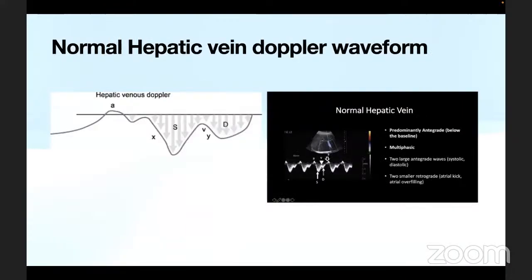Coming to the normal hepatic vein Doppler waveform, in this VExUS we have an advantage because we need not interpret the waveforms or their calipers or anything. It is a pictorial description. You see what you see, and you have a chart with you or in your mobile. You can compare it with what you are seeing, and you can quantify it.